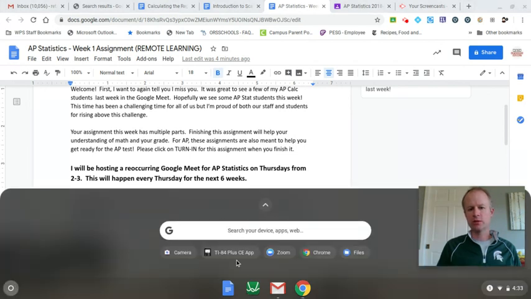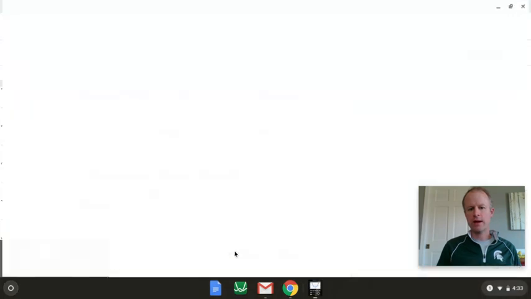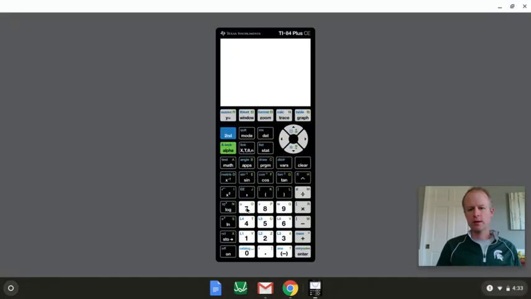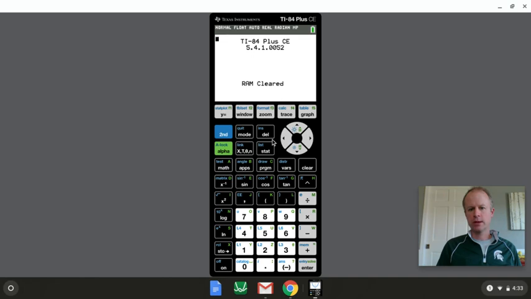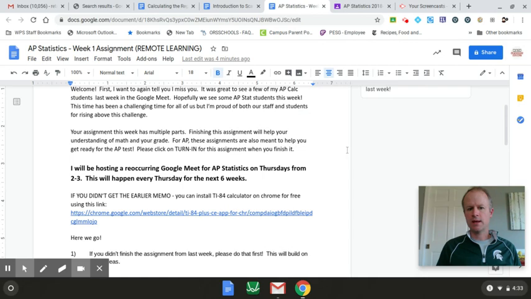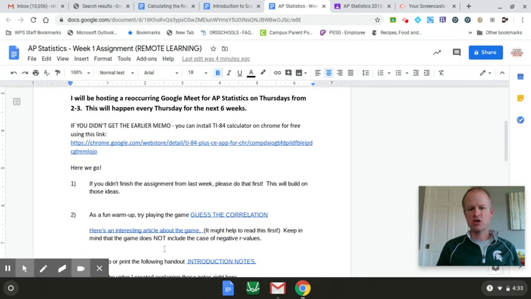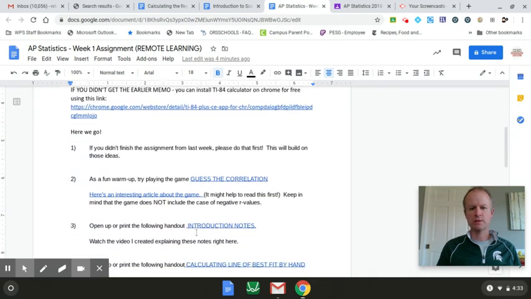Once you have that program, you can go to it on the Chromebook, and it says TI-84 on there, and all these buttons and functions are similar. That will help you a lot as we go through some of these assignments. So make sure you've done that, and also make sure you've checked out that warm-up, guess the correlation.